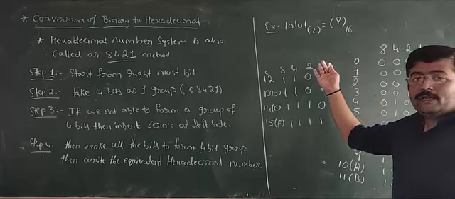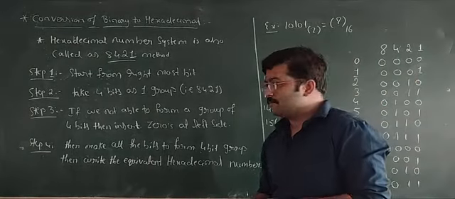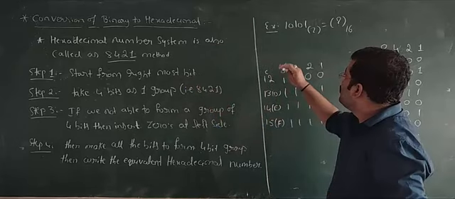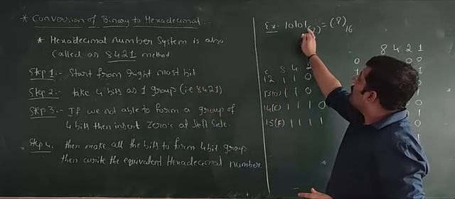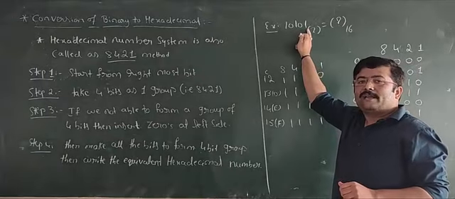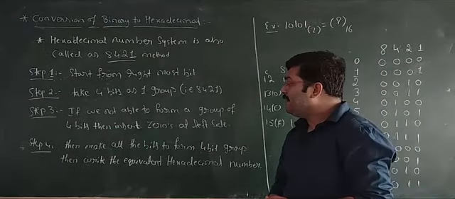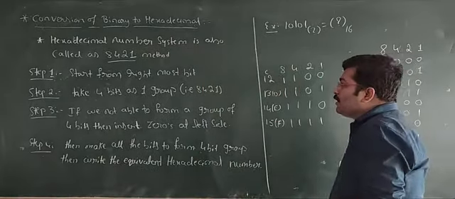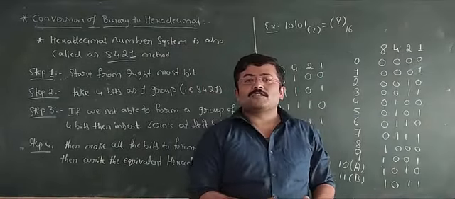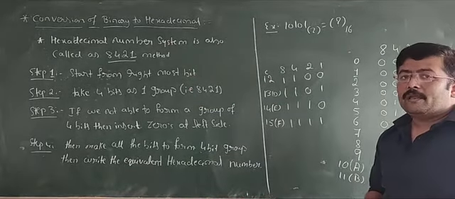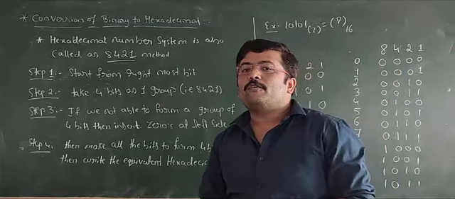It does not contain any fractional part values. So the first step is to start from the rightmost bit. This is my example. Start from the rightmost bit, that is 1. Fine. And take 4 bits as one group, because hexadecimal consists of 16 values, that is 0 to 15, and it is also called the 8421 method.